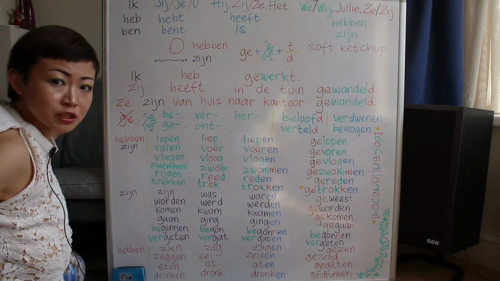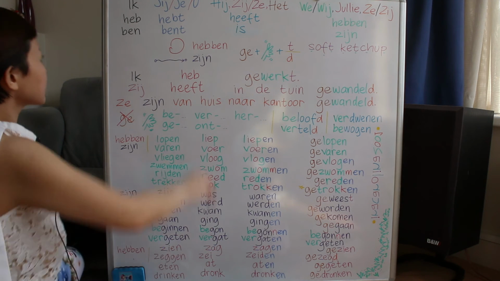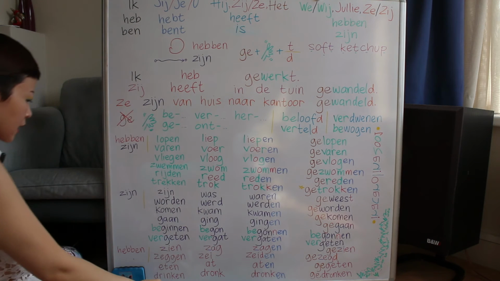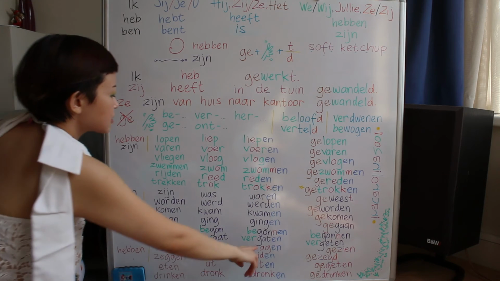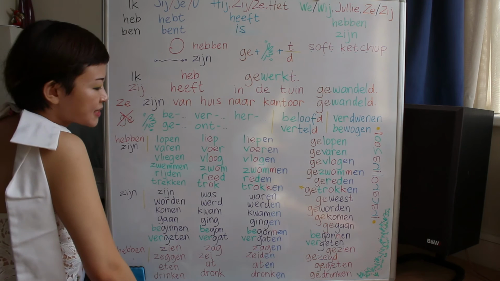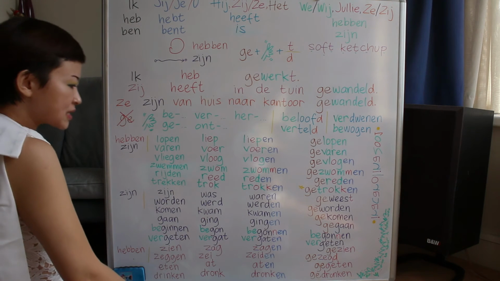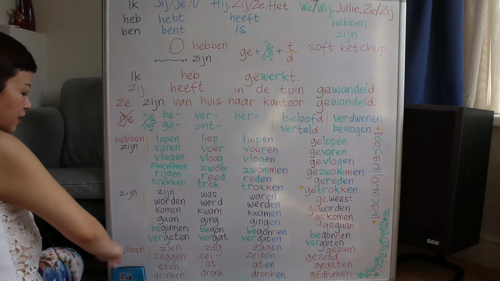But lots work with hebben, or heb, or hebt, or heeft. Zien, zag, zagen, gezien. Seen, see, saw, seen. Works with hebben.